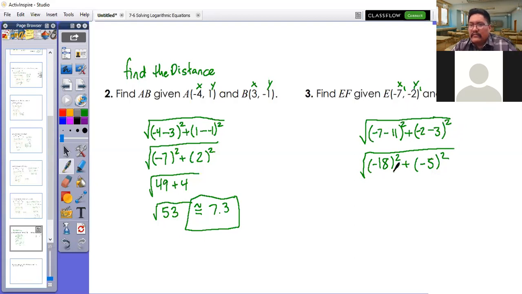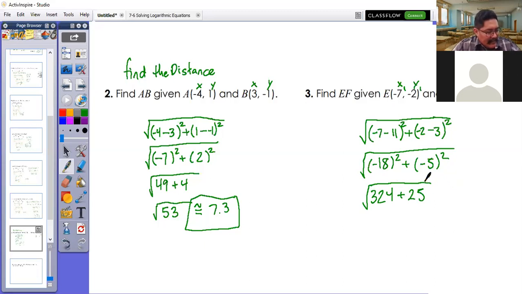Now, I don't know what the square of 18 is. Square of 18 is 324. And then I need to take the square of 5, which is pretty easy. 5 times 5, or in this case, -5 times -5 is still going to be +25.